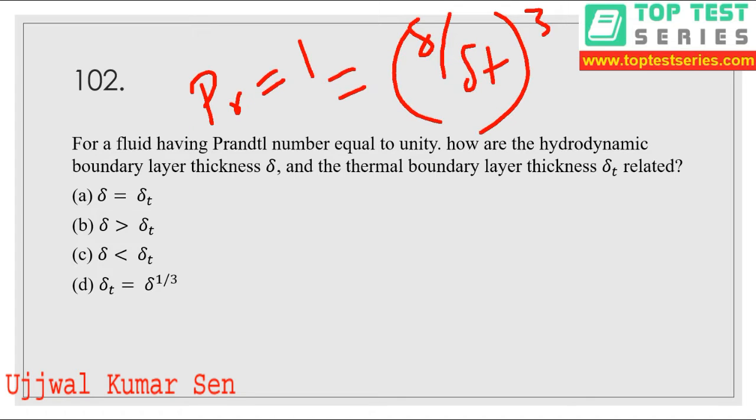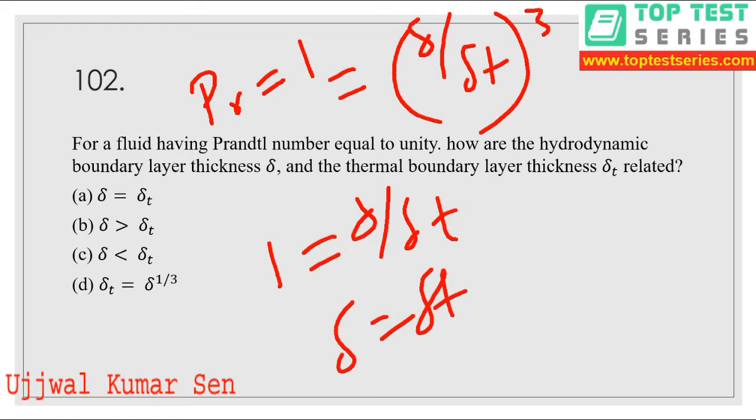What is delta here? That is the hydrodynamic boundary layer thickness, also known as velocity boundary layer thickness, and delta T is the thermal boundary layer thickness. So it is equal to 1. So we can say that delta by delta T is 1. Therefore, delta is equal to delta T. So option A is the correct answer for this question.